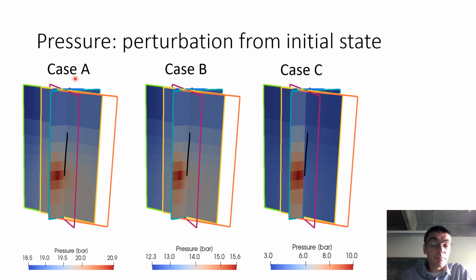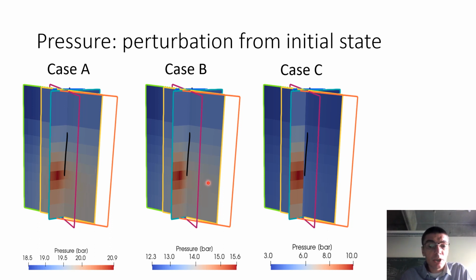Considering first the permeable case A, there is no special difference between the north and south side of fault 8, as you would expect, and we see a very high pressure diffusion throughout the fault network.